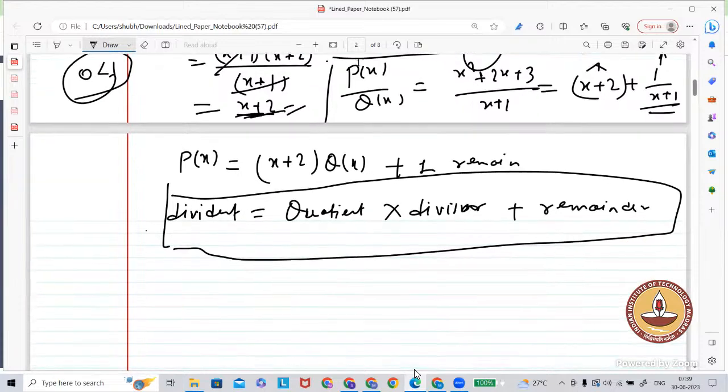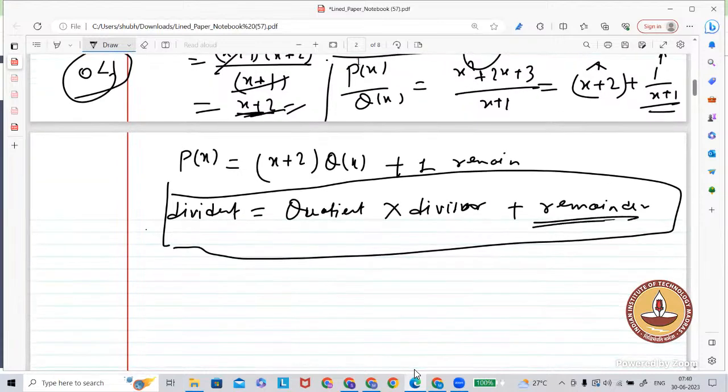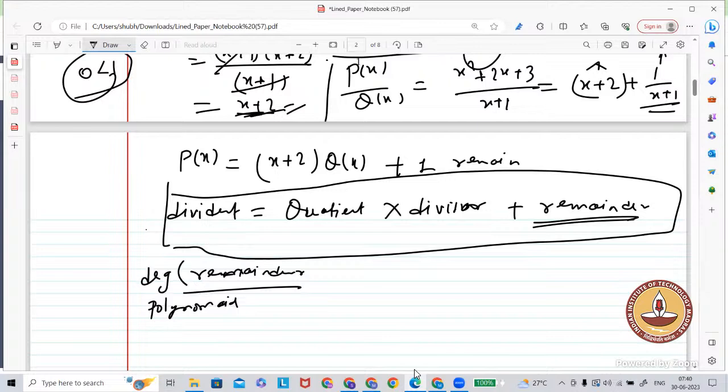Whatever you get in the remainder will be a polynomial, and the degree of this polynomial is going to be strictly less than the degree of the divisor, not even less than or equal to.